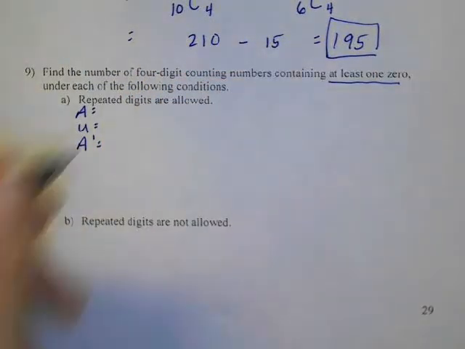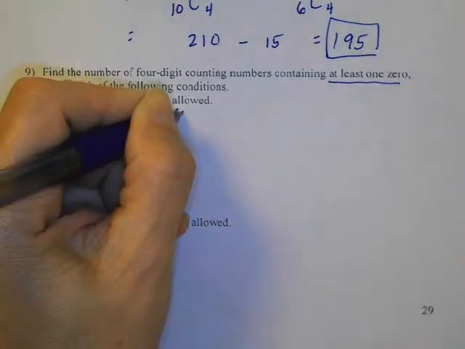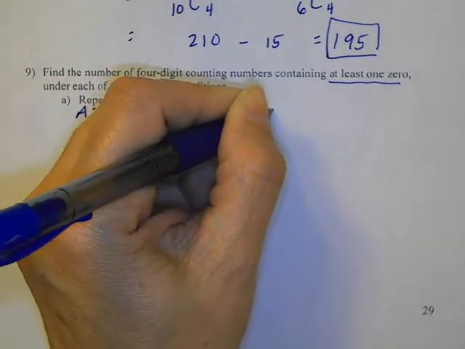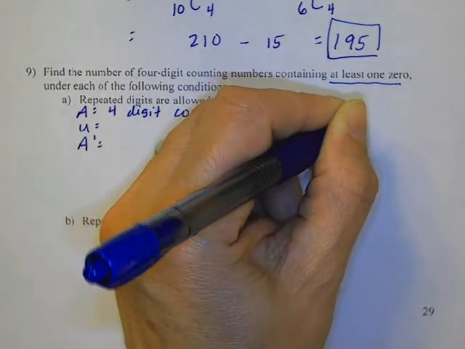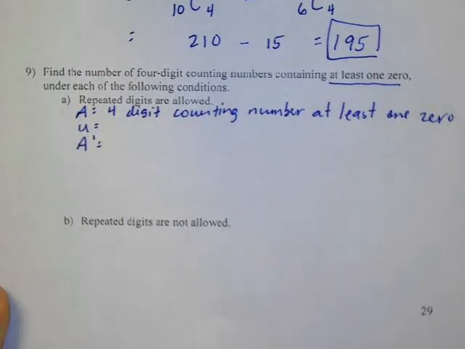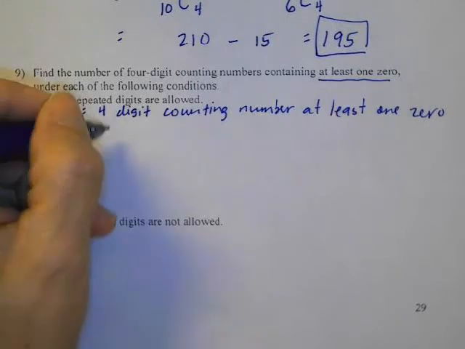A is 4-digit counting numbers with at least one 0. U is all 4-digit counting numbers.